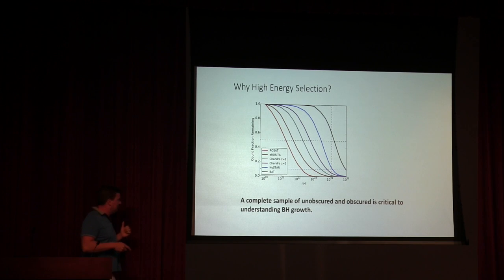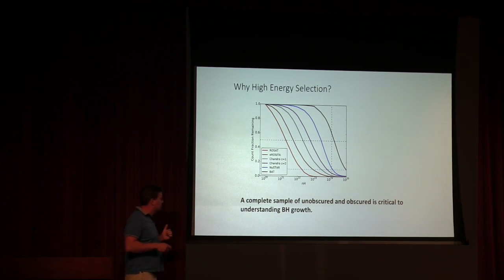So this high energy selection is really important, and I'll show you another slide with this compared to STROBE-X. Basically, this is ROSAT, and this is the count fraction remaining. As you go up in NH, with ROSAT, once you get to 10 to the 22, you're going to miss basically 90% of your sources.